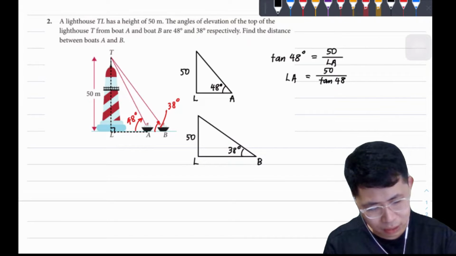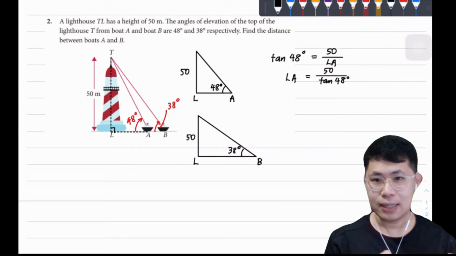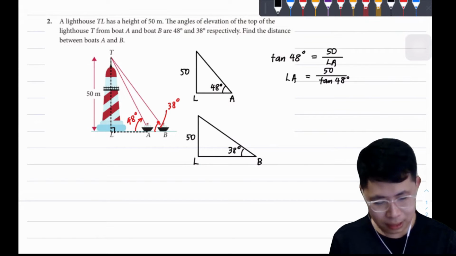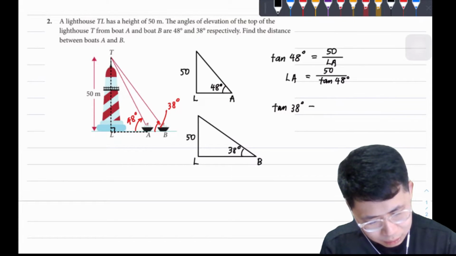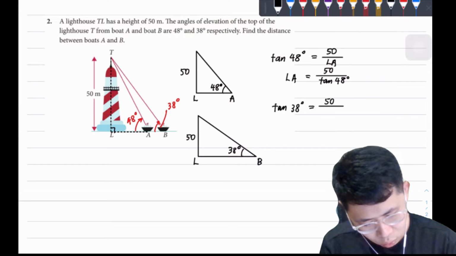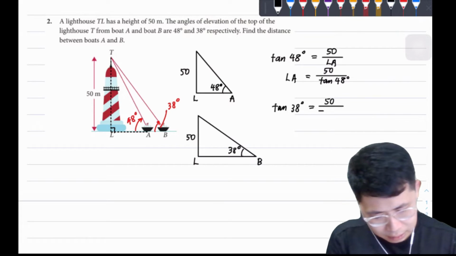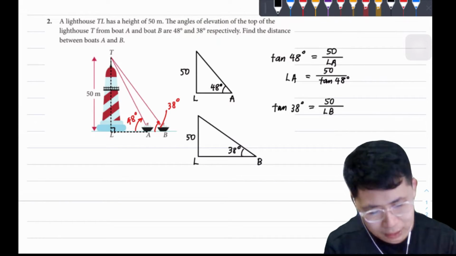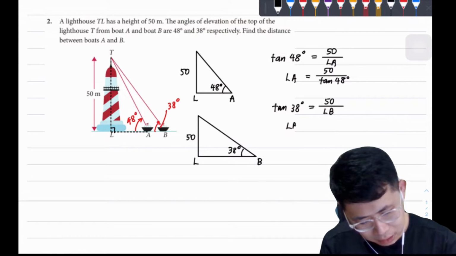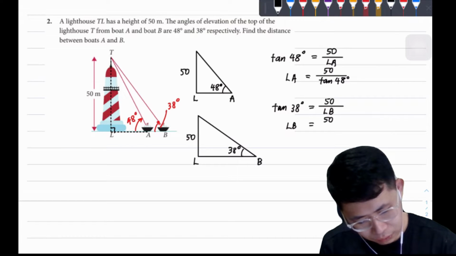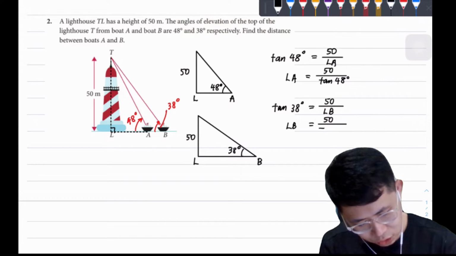I'm not going to evaluate first because I want my answers to be as accurate as possible. Next, tangent 38 degrees is 50 over LB. Swapping the positions of tangent and LB, LB will be equal to 50 over tangent 38.